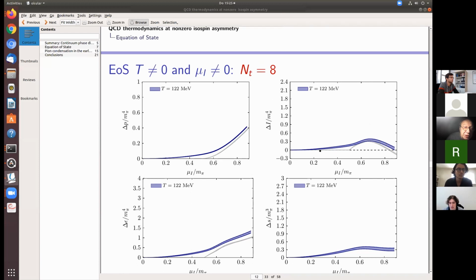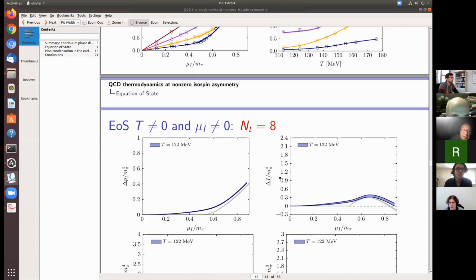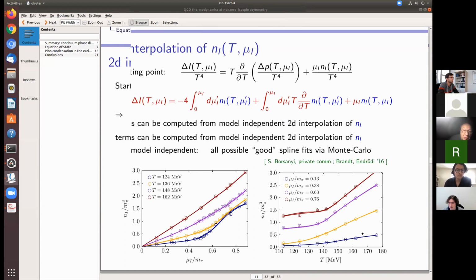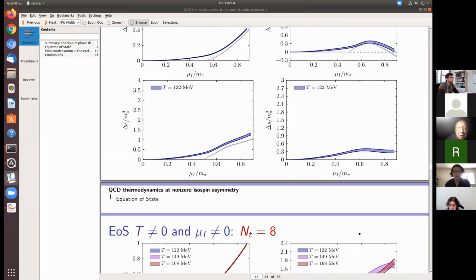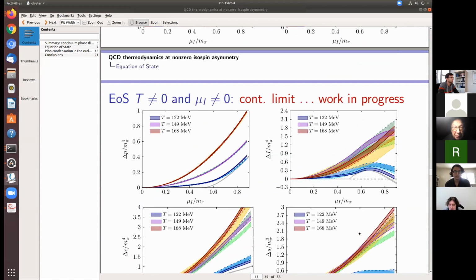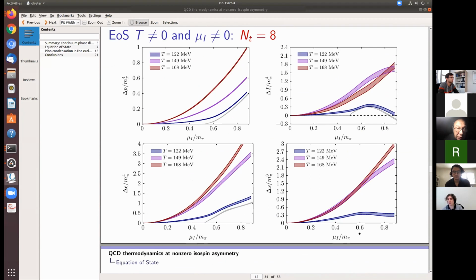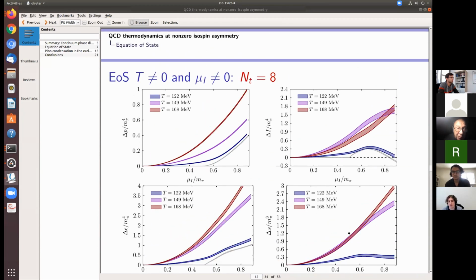No, it was just several lines with a minimum at finite temperature as a function of the temperature. You mean this one? No, well, okay, maybe it was in a different talk. But from here you can see that the energy density never becomes negative. Okay, this will remain true. I just didn't look carefully.